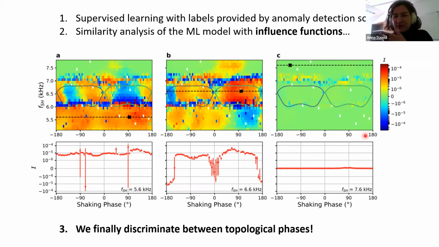Because it's everywhere, the influence is mostly 0, because the model was very sure that all these high frequency phase points are well classified. And finally, when we look at the uniformity of the second phase, influence functions are telling us two things.